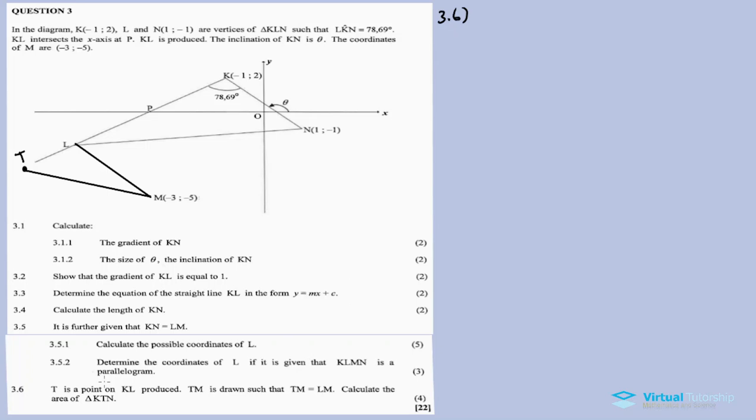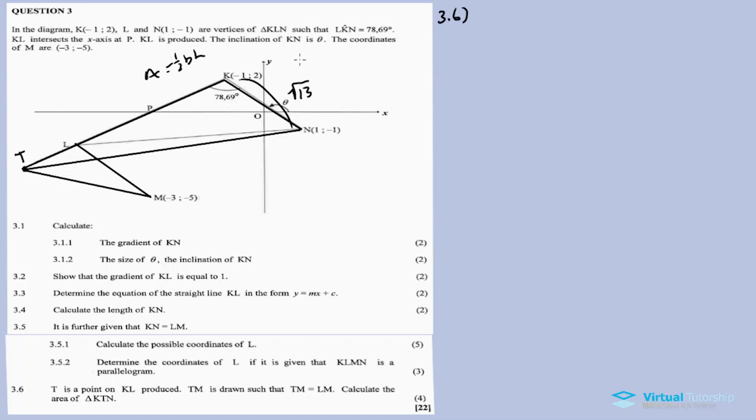Let's continue. Calculate the area of triangle KTN. Triangle KTN is this triangle. We want the area for this triangle. I do have the length for KN, which is square root 13. In order to calculate the area for this triangle, I cannot use half base times height, since this is not a right angle triangle.